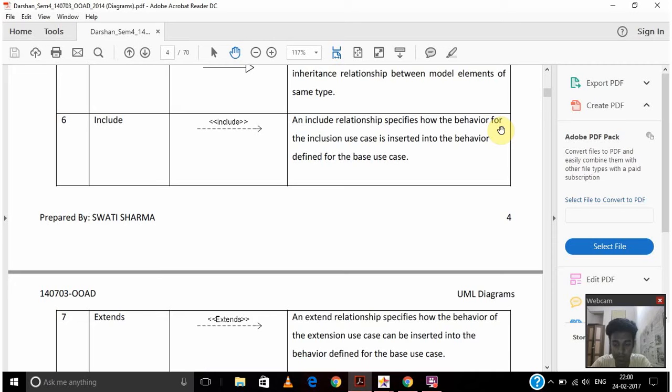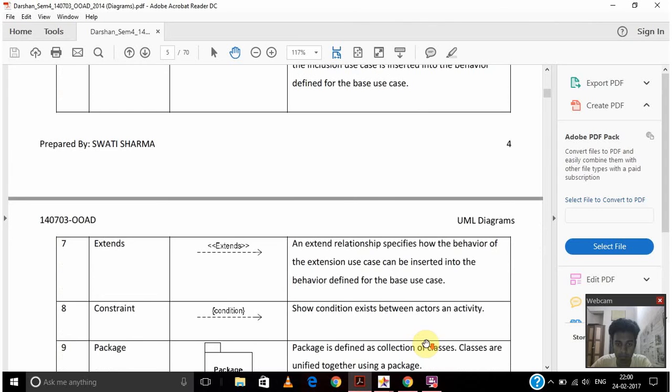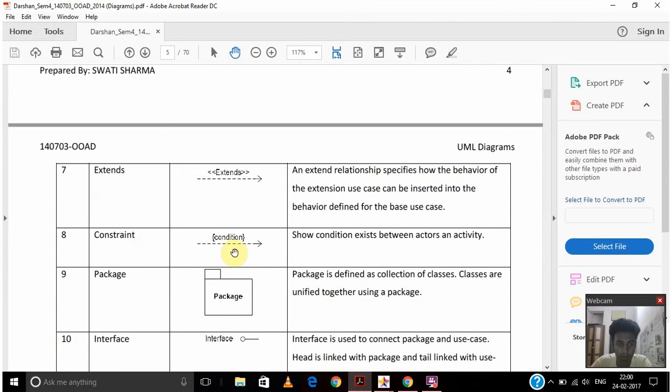And extend specifies how the behavior of the extension use case can be inserted into the behavior defined for the base use case. If you want to mention any condition, you can put your condition above this dotted line. The dashed line shows whether the condition exists between the actors and activity.